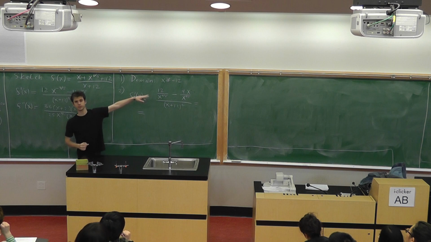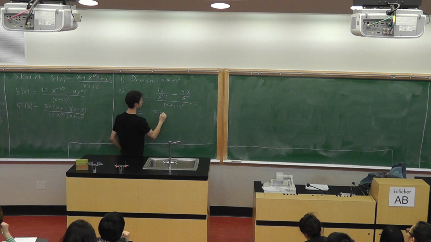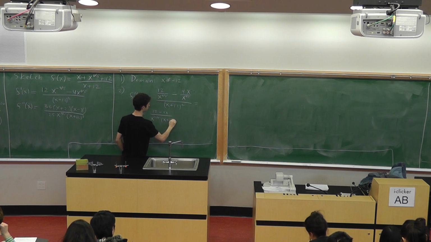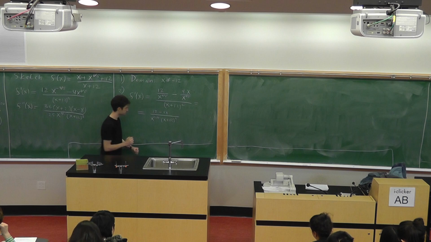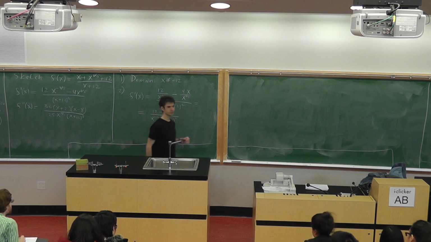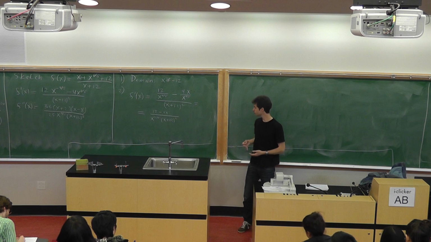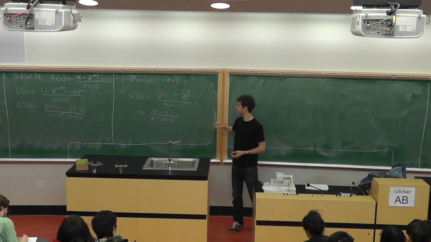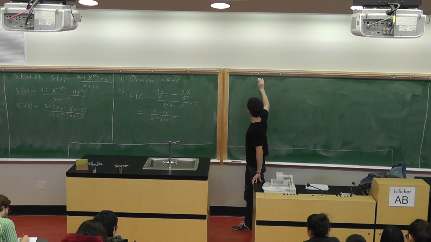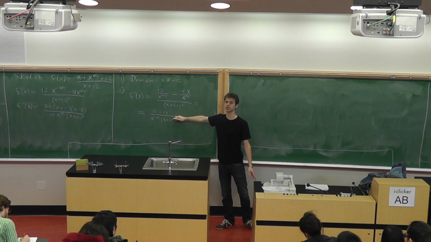And now you can rewrite it in much simpler way. It's just 12 minus 4x divided by x to the power 4 over 5, x plus 12 squared. Now it looks much easier for analyzing it. Now I just see at what points it might change sign.